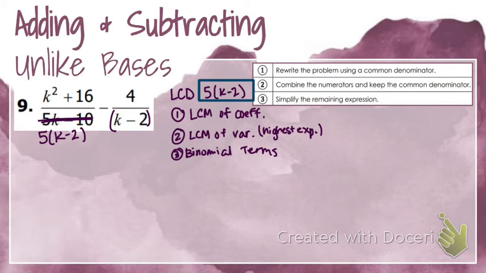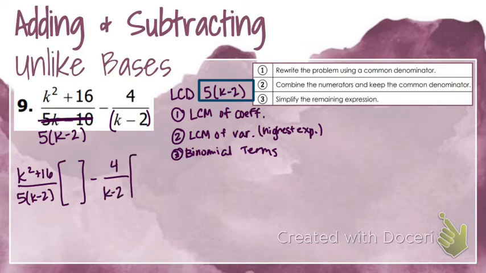We want to look at k squared plus 16 over, I'm going to leave this separated, times something, minus 4 over k minus 2 times something. So what do we multiply 5 times k minus 2 by to get 5 times k minus 2? Just 1. We didn't have to use anything.